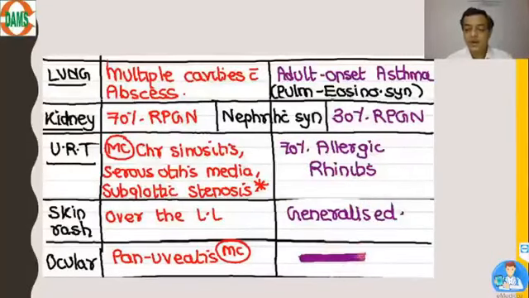In Wegener, ocular involvement is not common, but if affected, the most common ocular involvement is panuveitis. We want to remember that.